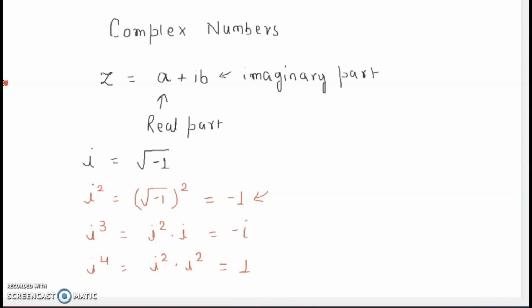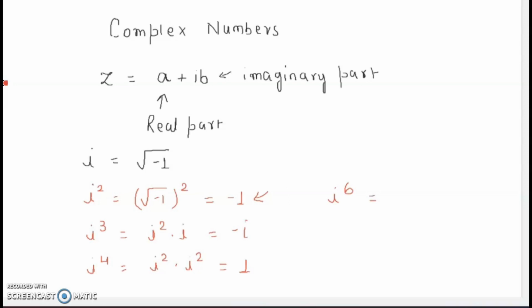So now we have the values of i square, i cube, and i raised to 4. And you know what? Because you know these 4 values, you will be able to find all the other values of i to the power n. For example, what is the value of i raised to 6?